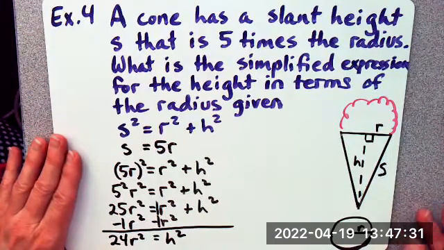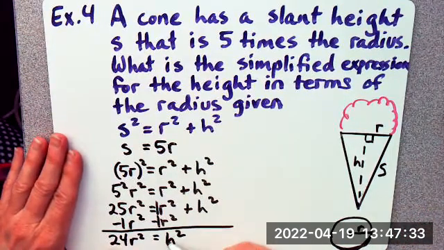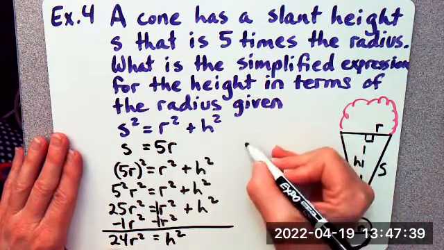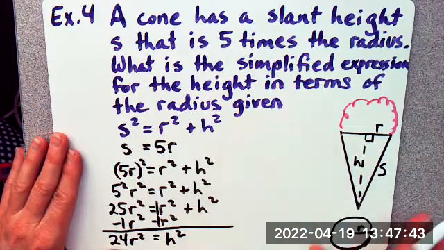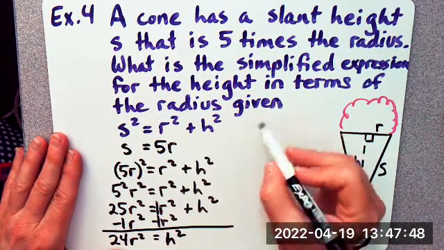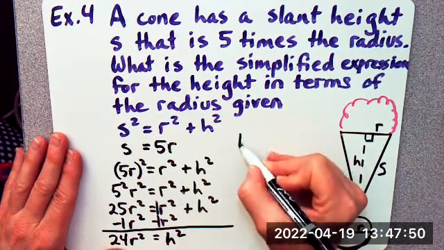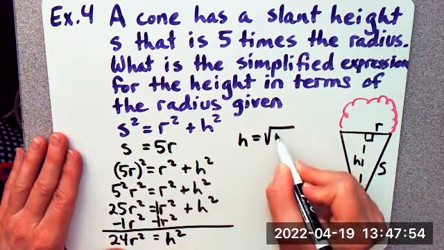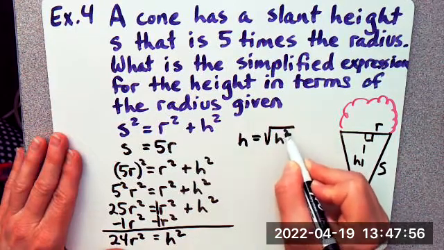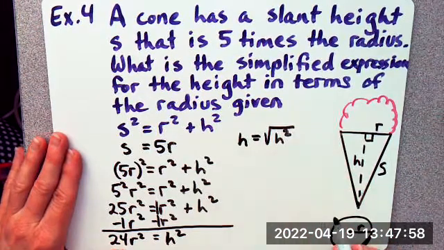All right, so what we're going to do is take the square root of both sides. The square root of everything has to be positive, so we can't have any negatives when we're taking the square root. So we're going to say that h is going to be the square root of h squared because there can't be a negative height.